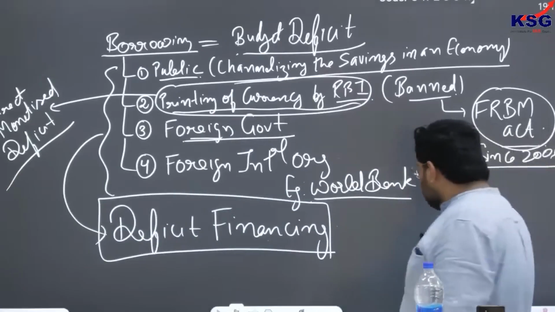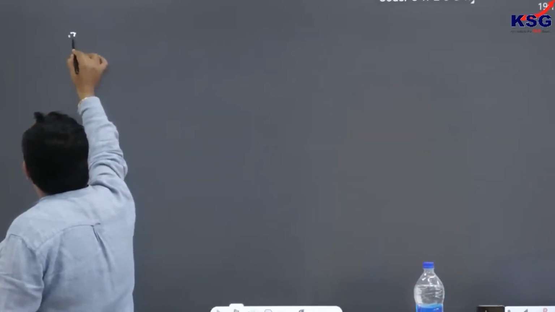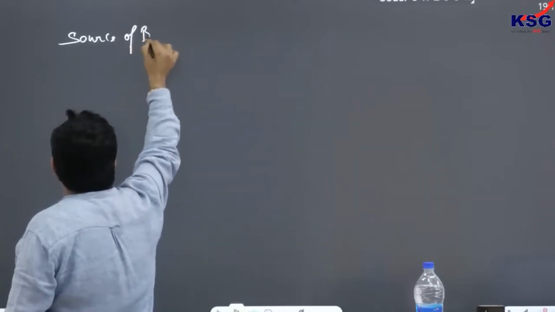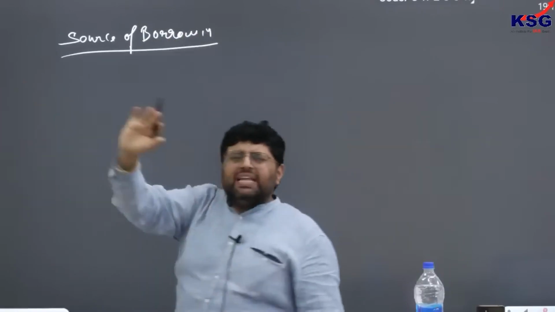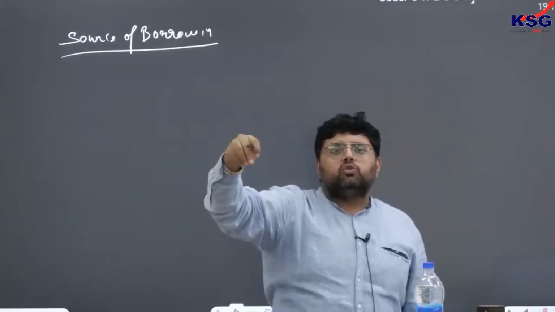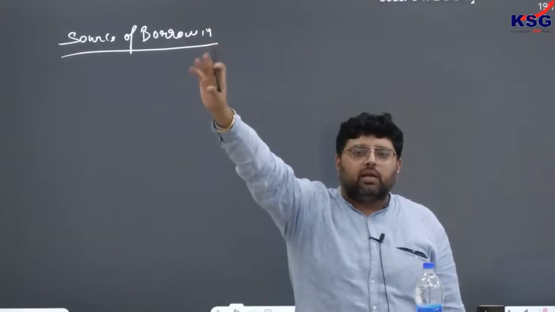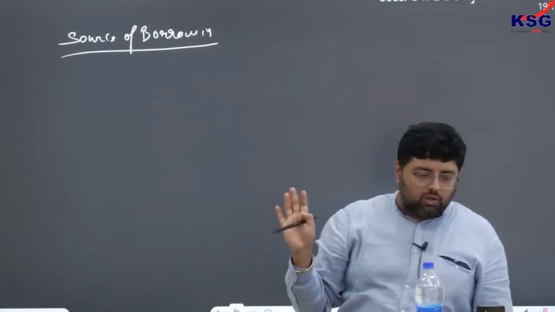Okay, now next, as I told you, when it comes to sources of borrowing, in exam if they ask you in general what are the sources of borrowing for government, here it is not talking about government of India, so you have to mark all the 4 options or all the 4 statements.